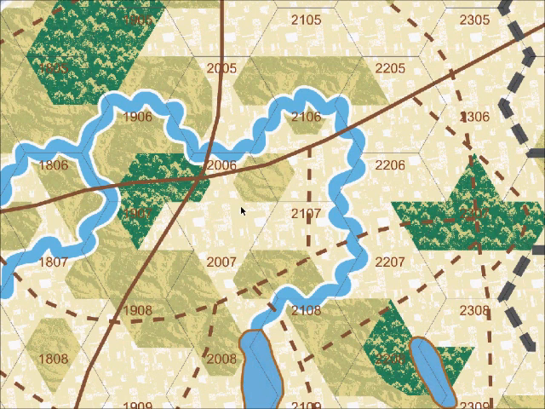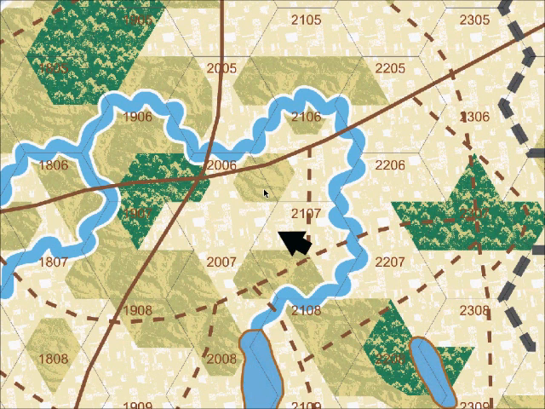Now let's look at hex 2006 on the map. Let's say that this hex is attacked by units only in hex 2107. This arrow would show the direction of this particular attack. In this case, the terrain in the hex side that the attack is coming through is clear, but there is broken terrain in an adjacent hex side.